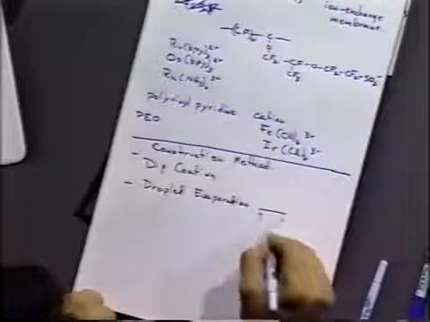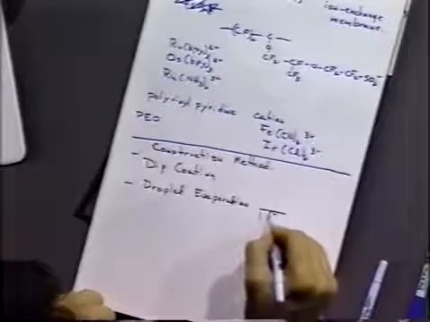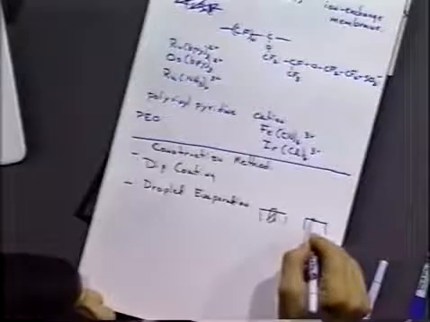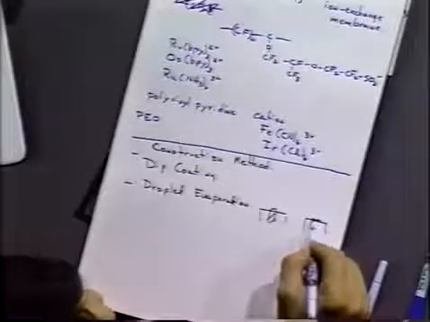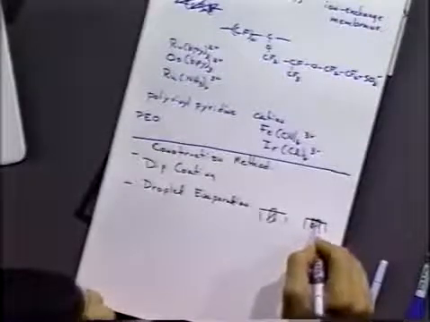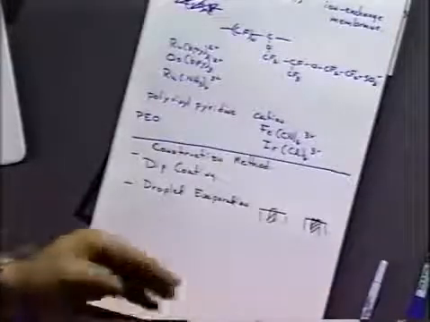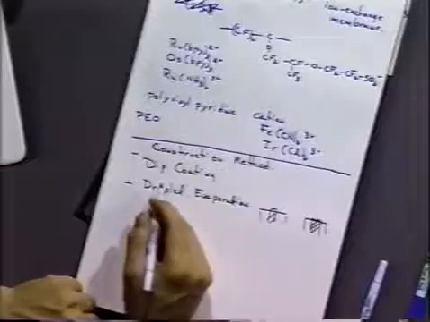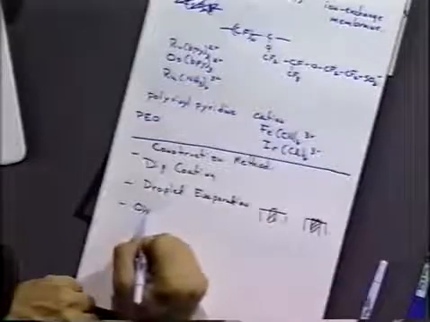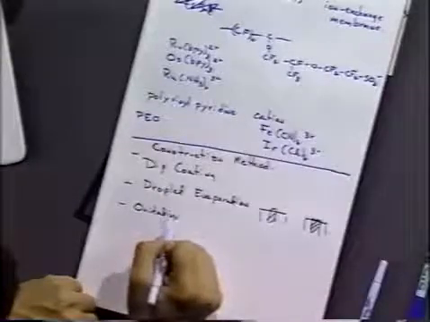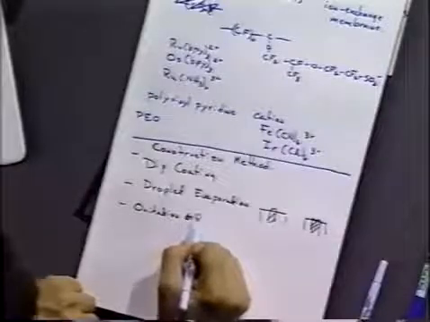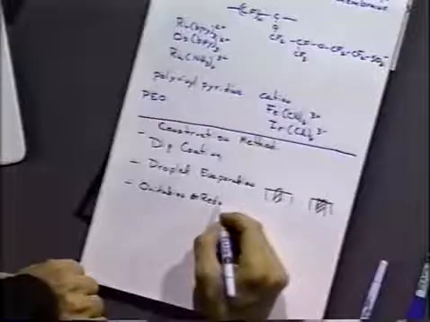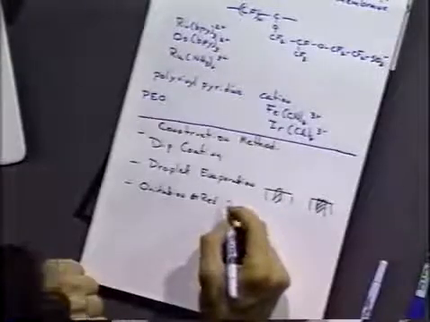You form a little drop on the surface, and when it evaporates, you tend to get a sort of central depression. It's not uniform in thickness. Another method is oxidative or reductive deposition. For example, polypyrrole is an oxidative process.